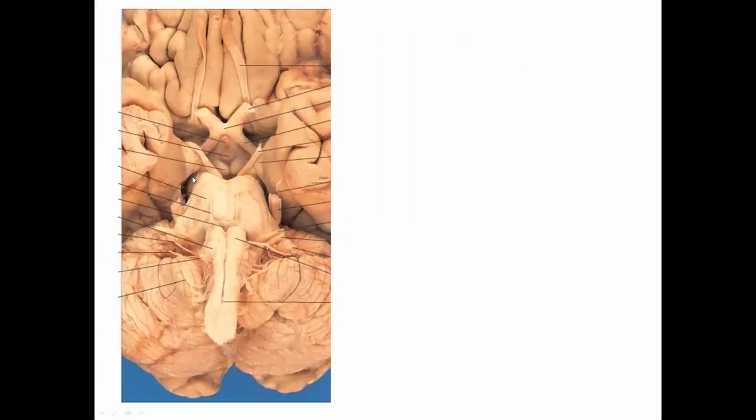Now, this is again the inferior surface of the brain, the base of the brain. The green arrow is pointing towards the crus cerebri of the midbrain. Below that, what you're looking at, that's the pons. Below the pons is the medulla oblongata.